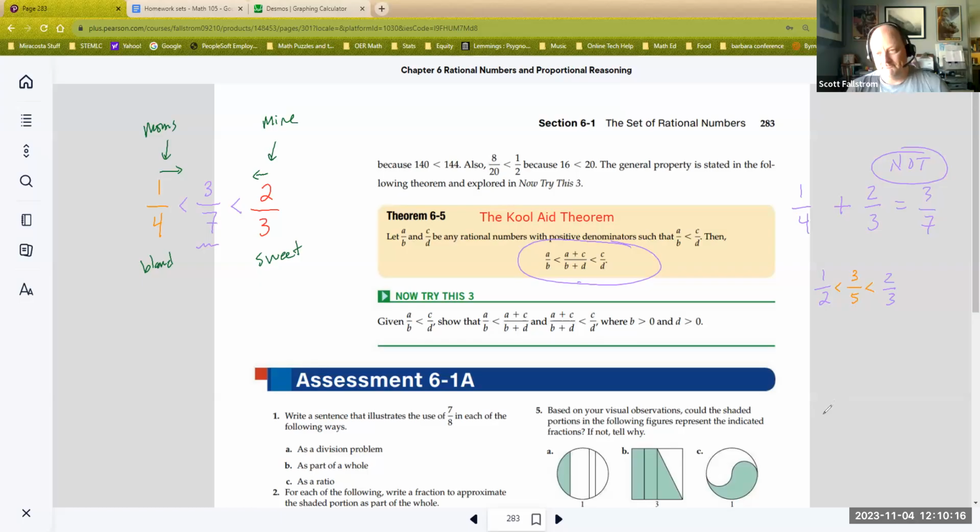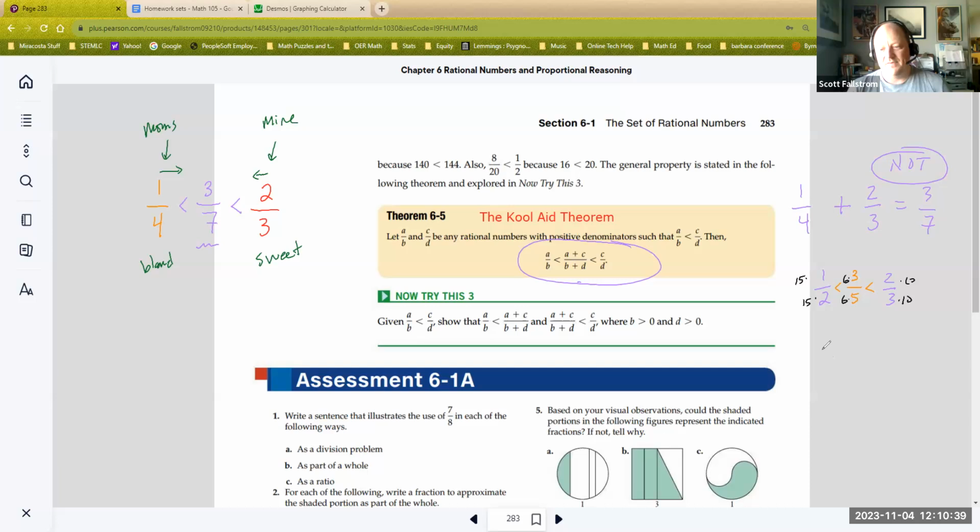I guarantee it. Now, if you want to see why it's between them, go ahead and get a common denominator for all of these. So the LCM of 2, 3, and 5 would be 30. So this one needs 15. The one in the middle needs 6, and the one on the side here needs 10.